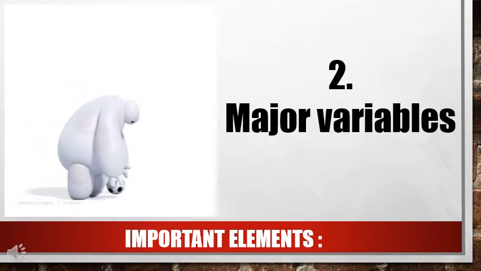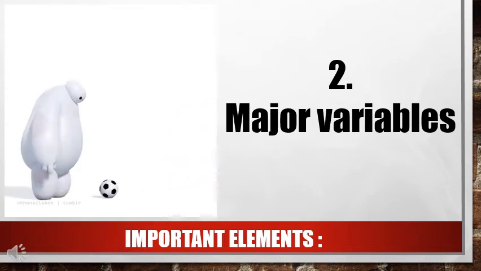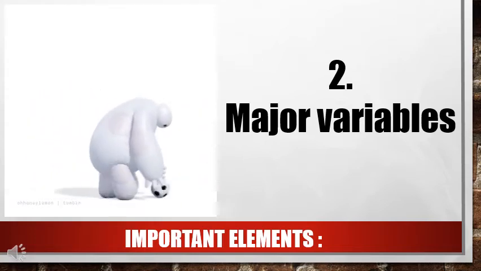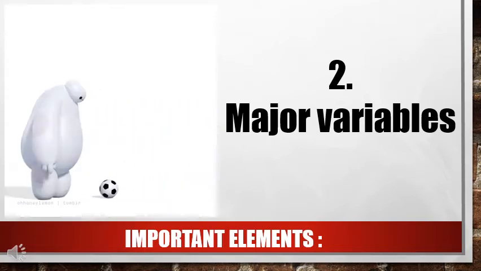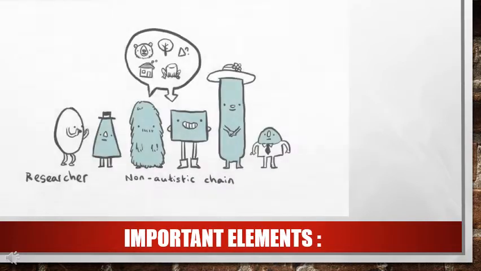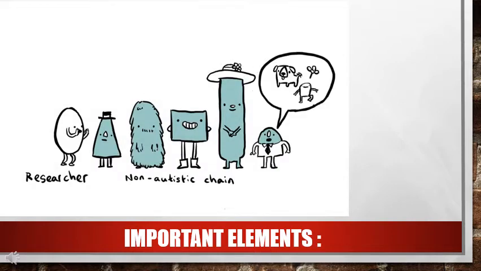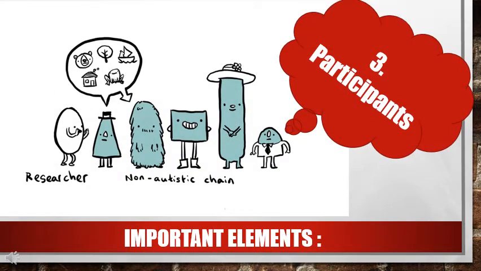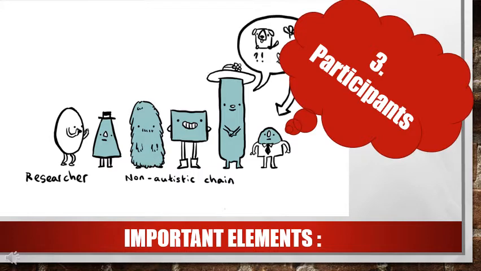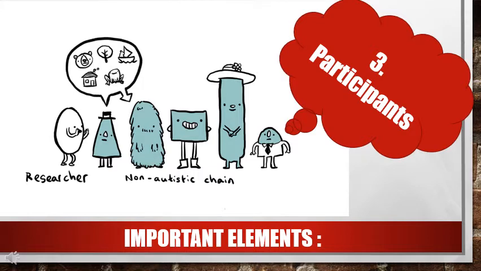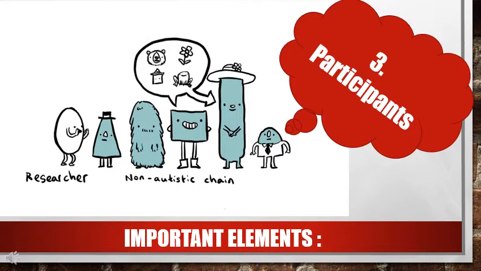The researcher must include the main or the major variables of the study. Three. It is also important to include the specific details of your participants. These are your subjects or respondents of the study.